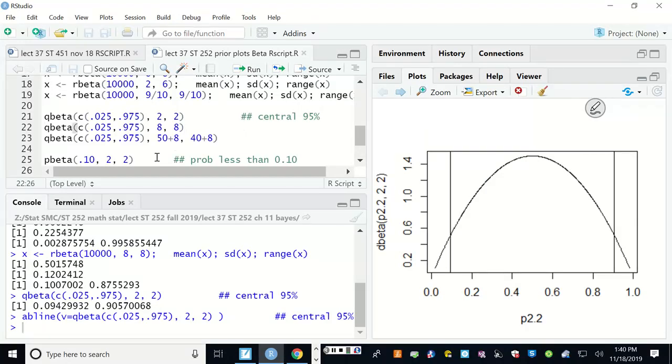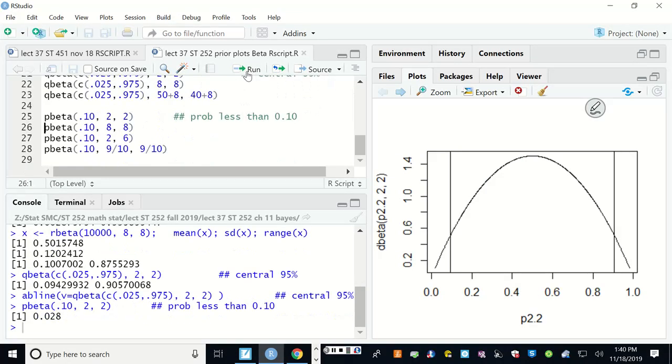So you can get probability less than certain amounts, so 0.10, looks like there's about 2.8% that's less than 0.10, and so on. Once you have a probability distribution for a thing, there's a lot of ways you can summarize it. You can draw the picture, means, variances, probabilities in certain areas, quantiles, and they can tell you a lot. And if that's your probability distribution, that's the probabilities, and that's what you get.